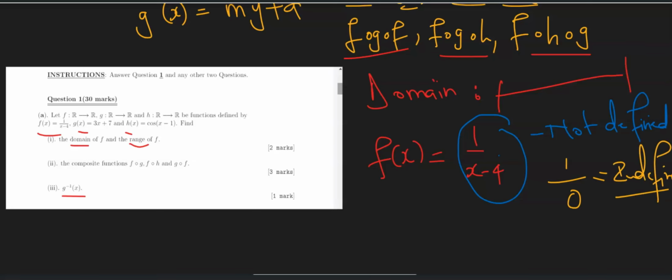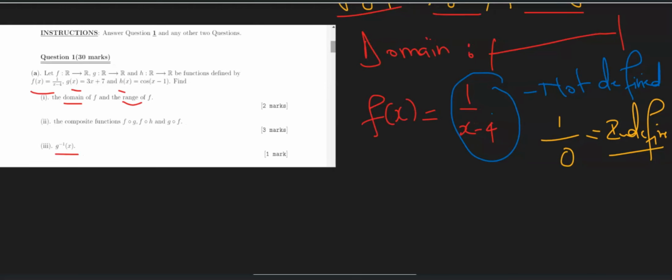That's why if you write it in your calculator, you see a math error. You can give the domain in two ways: the points where the function is defined, or all the points where the function is not defined.